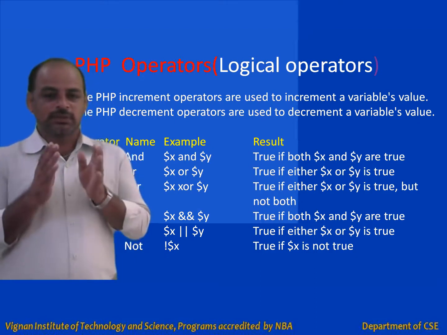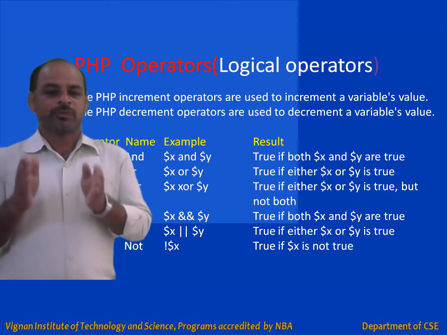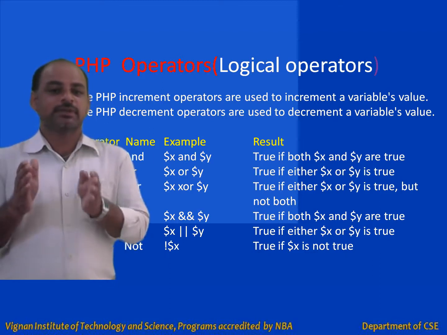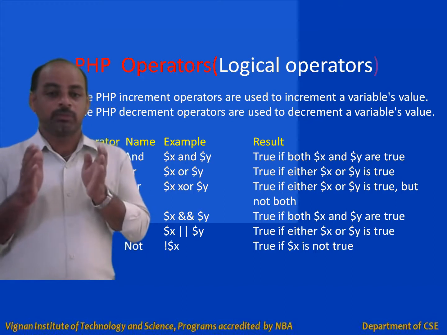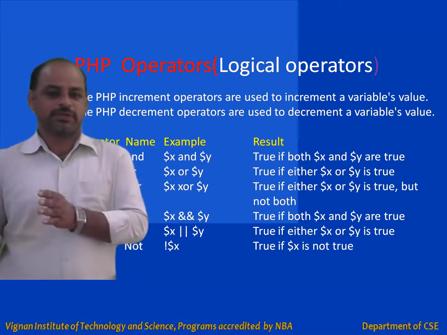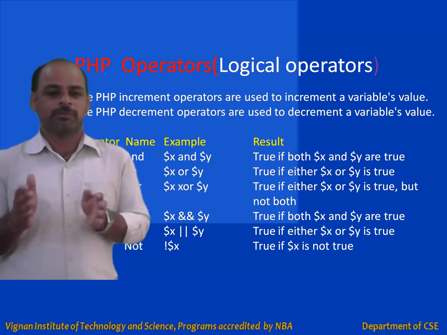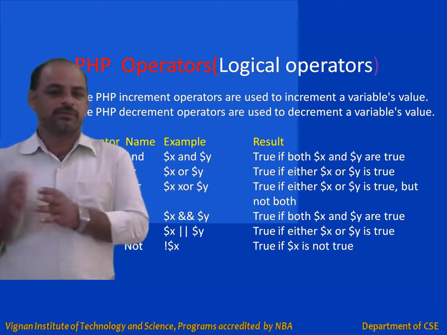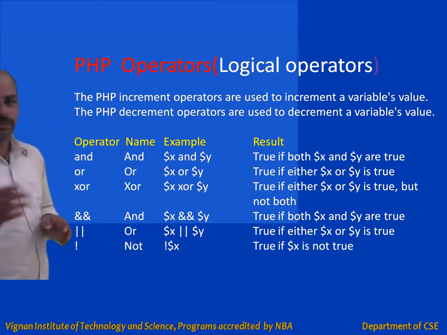So the logical AND operator always returns true when both operand values are true. If any one of the operand values or both are false, the result is false.